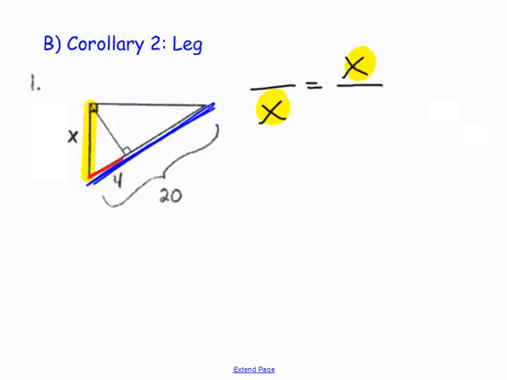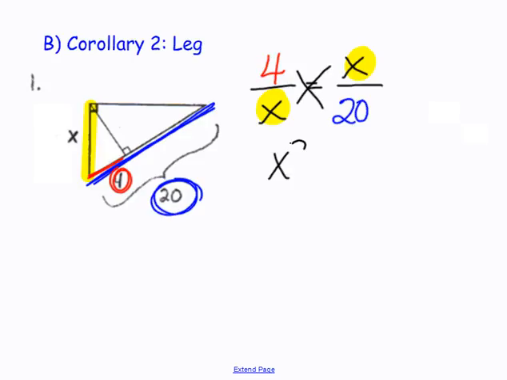And now it's the short leg of the short side of the hypotenuse, which is 4, and the whole hypotenuse, which is 20. So to solve, again, x squared equals 80, and x equals about 8.9.